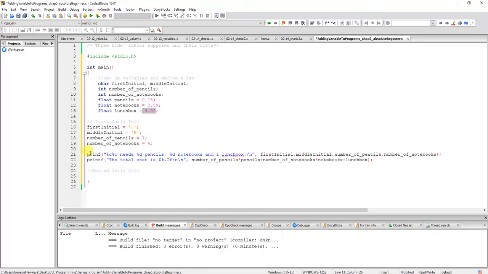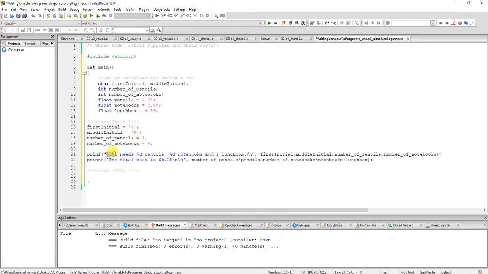And so when we print it out, we're going to take this here and put %c. %c is a character, plus a character. And this here will represent the name that we are using, which is JR. First initial and middle initial are variables of type character, so we're going to use those here.